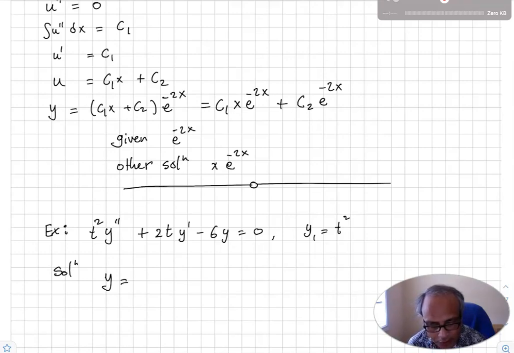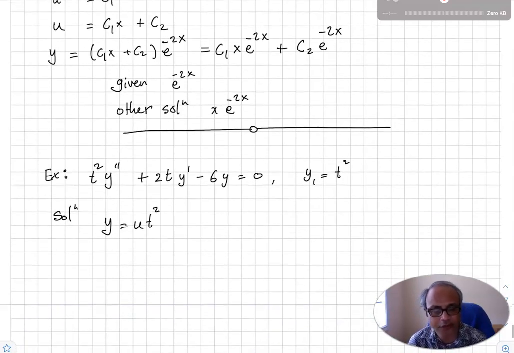So substitution is going to be u times t square for y, and again we are going to substitute in this equation y, y prime and y double prime. So you first calculate y prime and differentiate u times t square. u is a function of t, t square is a function of t.